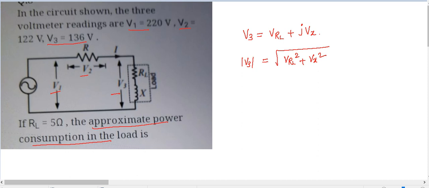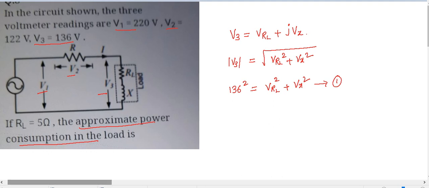Squaring on both sides, V3 is given as 136, so 136 square equals VRL square plus Vx square. Let us call this equation 1.